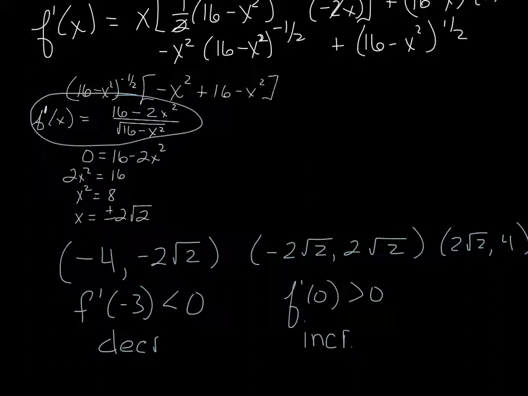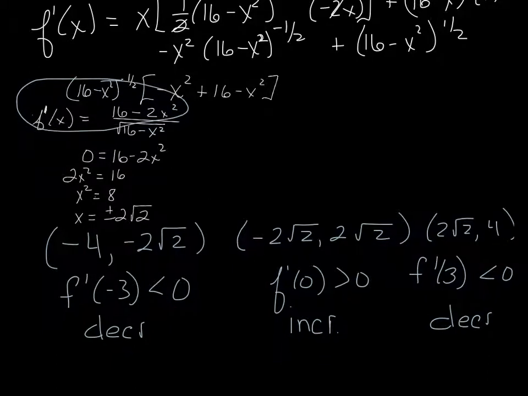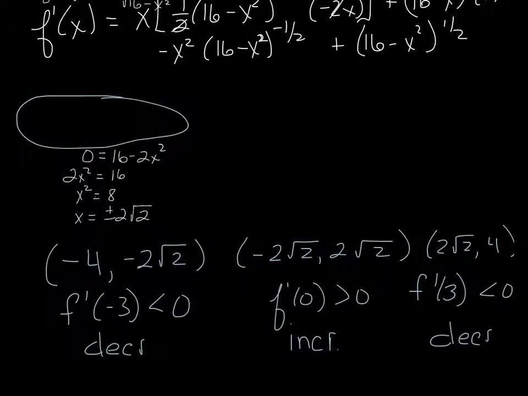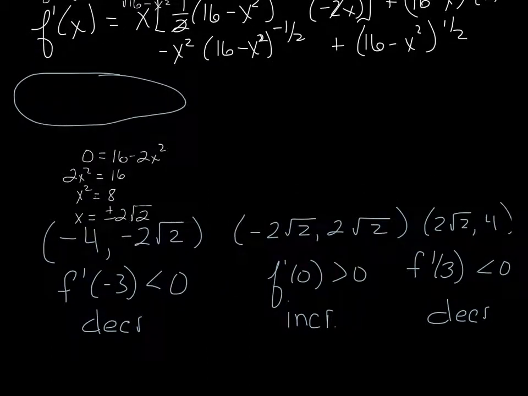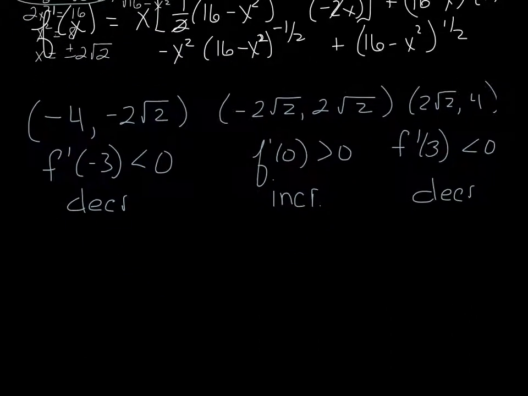And then if I choose f prime of 3, it's going to be less than 0, so that means that we are going to be decreasing. So if we want to list our intervals where we're increasing and decreasing, I'm going to move this out of the way. I want to show you how I like to list it because it's very helpful.